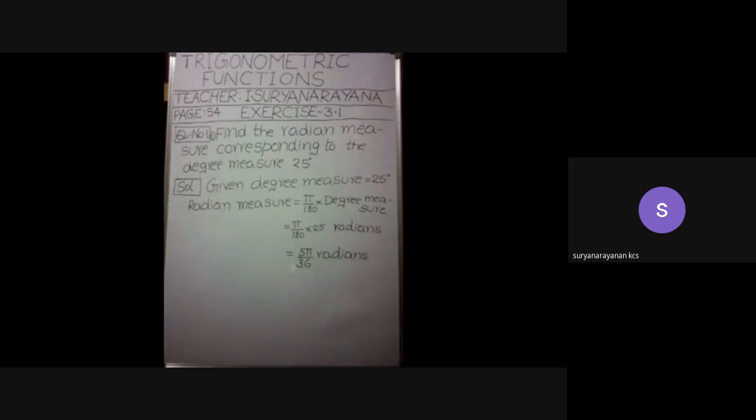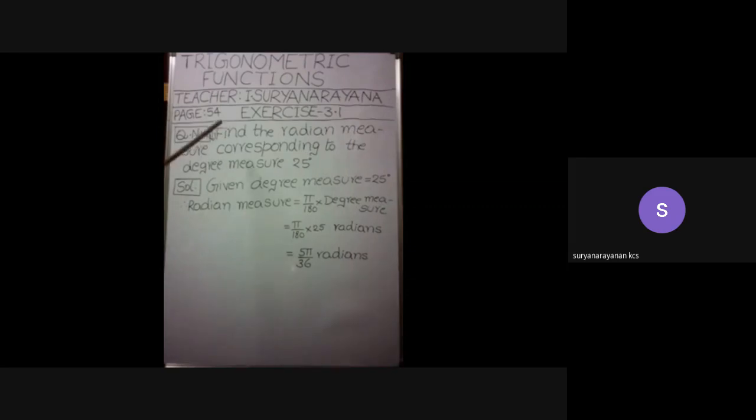See page number 54. Question number 1. In this question, there are different sums. We have to convert the angles which are given in degree measure into radian measure.